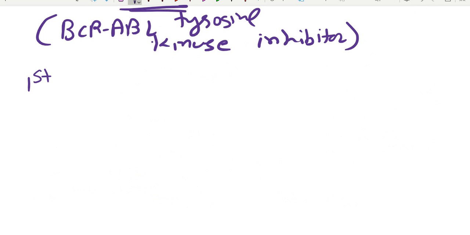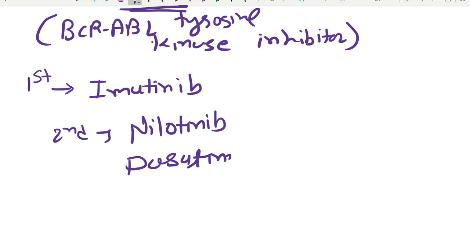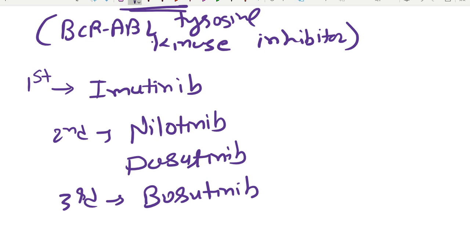They are divided into three generations. First generation is imatinib. Second generation is nilotinib and dasatinib. Third generation are bosutinib and ponatinib.